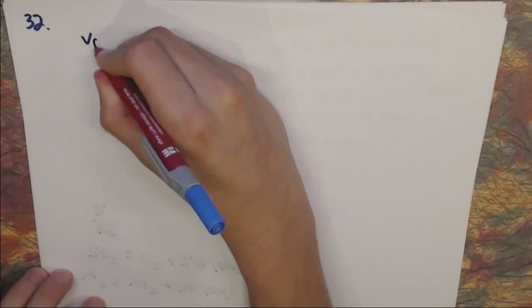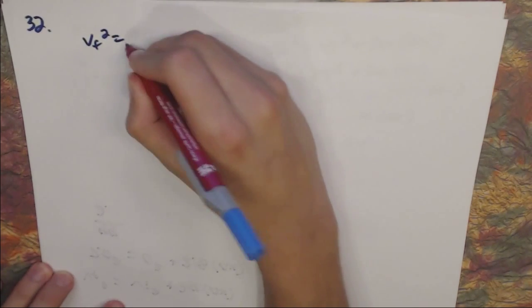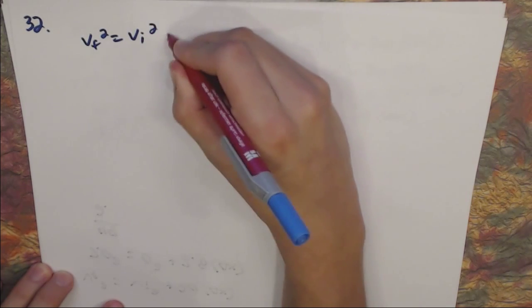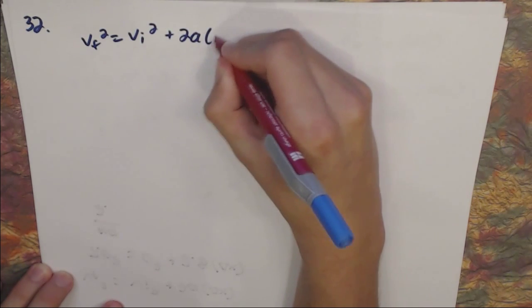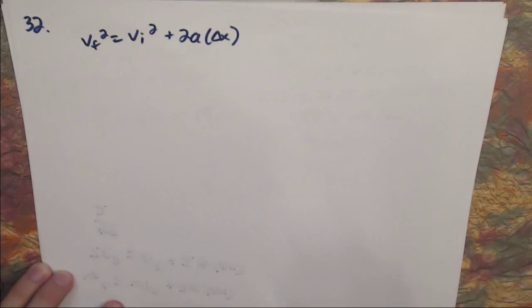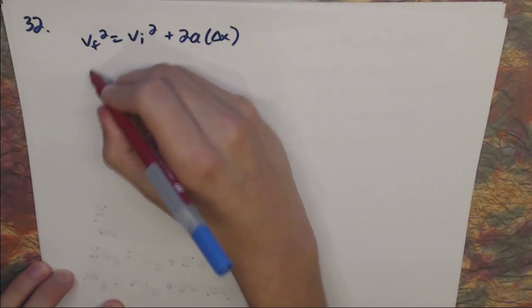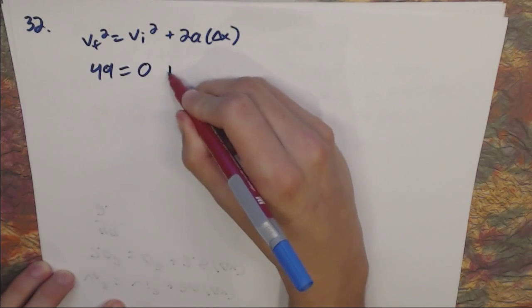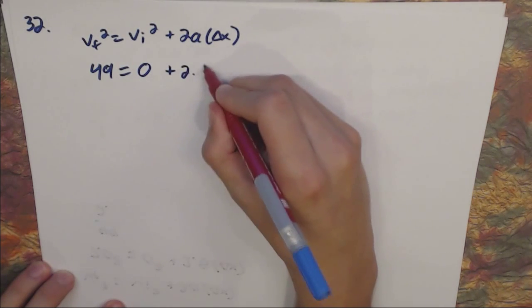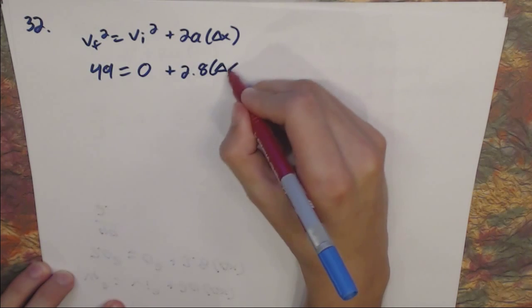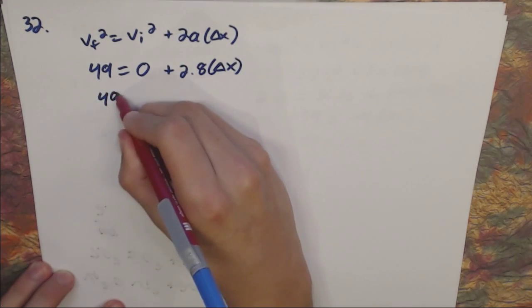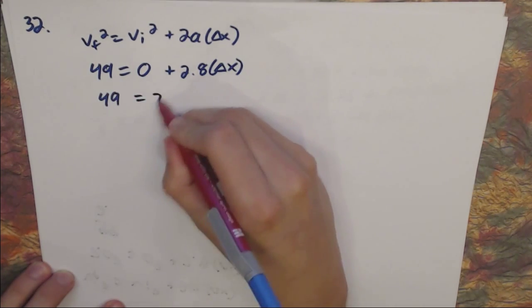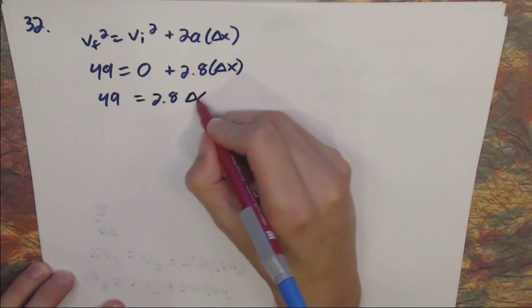What do we need? The timeless equation. V final squared equals V initial squared plus twice acceleration delta x. So V final squared is going to be 49 equals our initial velocity squared plus twice our acceleration times our change in position. So 49 equals 2.8 delta x.